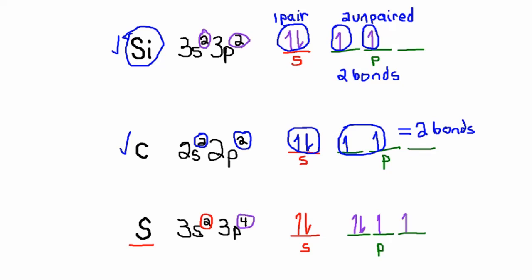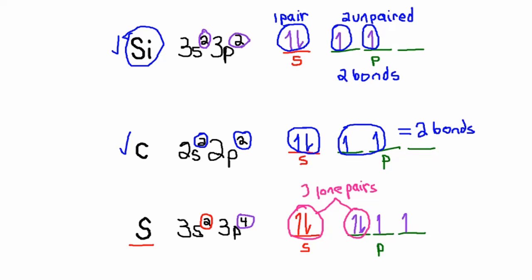So now sulfur, if you look, sulfur has this lone pair from the s block, and then it also has this lone pair from the first p orbital on the p block. So these are both lone pairs. And how many lone pairs are there?